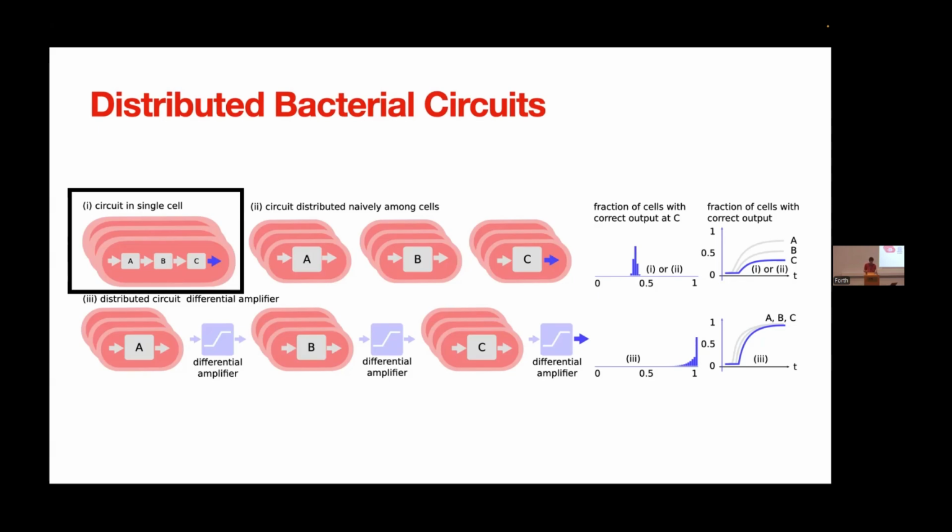That's where stochasticity also comes from, or that's a corollary of your stochasticity. On the right-hand side, I put a theoretical simulation where we said every single one of these gates, A, B, or C, has a certain probability of failing, I think 10%. And then you see on the top right that after each stage A, B, or C, you go down with the fraction of correct cells. Maybe the first one goes to 90%, but then the second one goes to 81% and so on.